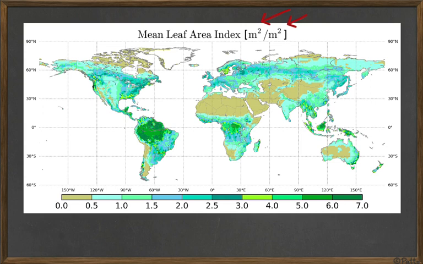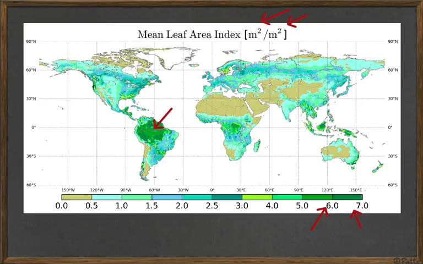And what you can see here, for example, in the Amazon, is that the plants have a ratio of around 6 or 7. That means they have about 7 times the area in leaves than they have in soil. That means one tree in the Amazon transpires as if it were 6 or 7 times the area it covers in the soil.